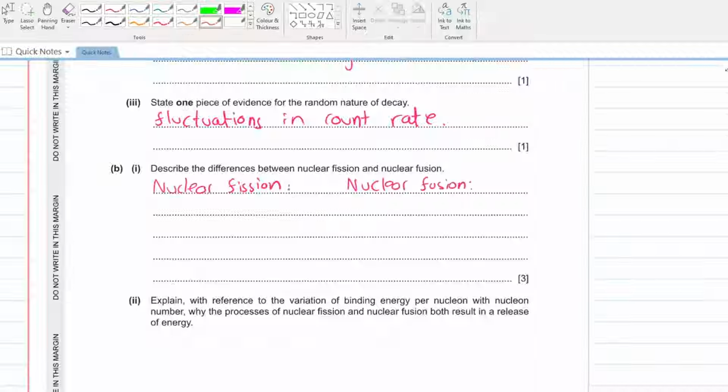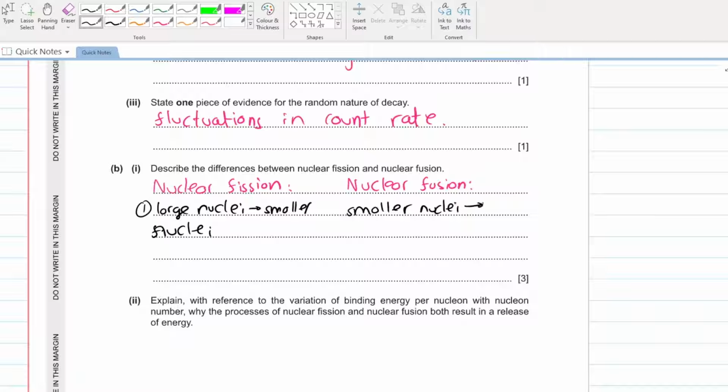Breaking of larger nuclei into smaller nuclei. For nuclear fusion, what happens? Smaller nuclei fuse into larger nuclei.